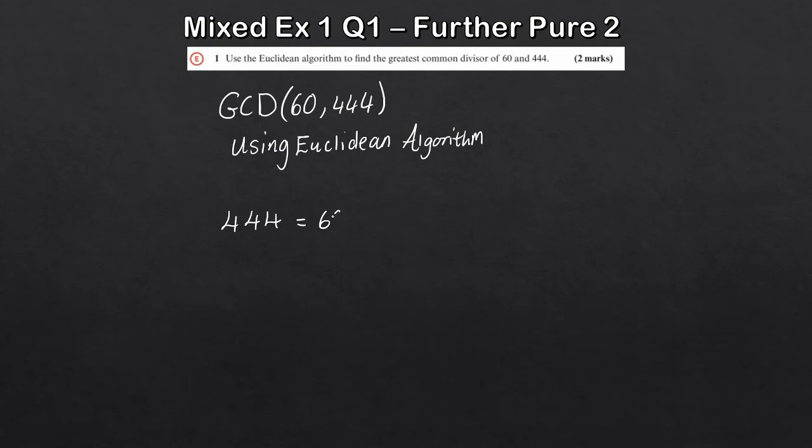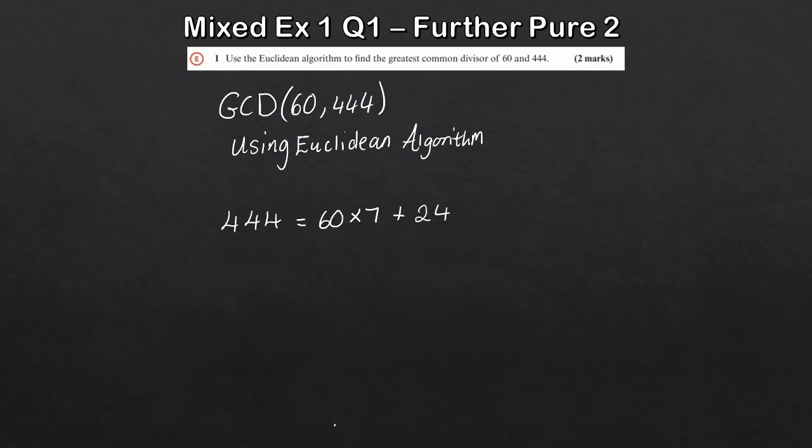What I mean by that is, what's the biggest number I can times 60 by to be as close as possible here? Well, that biggest number is 7. That'll give you 420. You do 60 times 8, we're going to be too big, we've gone past it, so you've always got to be under this number. And I need to add on my remainder. So 60 times 7 is 420, so my remainder here is 24.